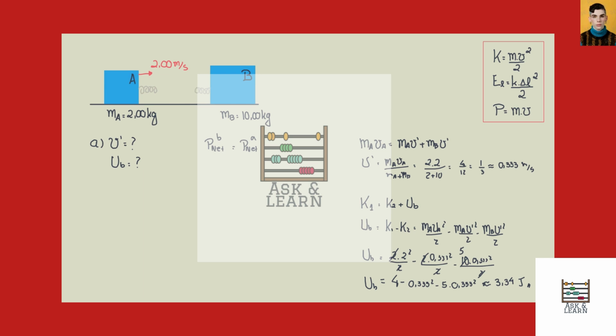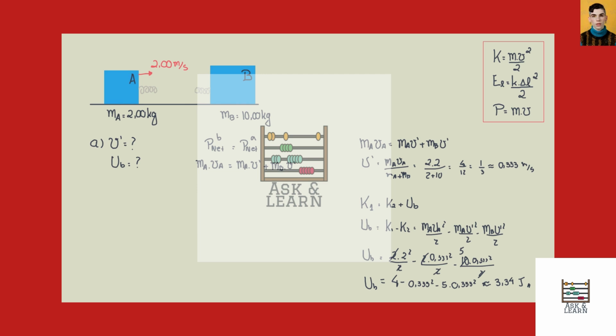By before, I mean the beginning of the situation, where only block A is moving to the right. Therefore, all the momentum is due to block A, which has a momentum given by mA times vA. Then, when that spring is compressed to the maximum, both blocks are moving in the same direction with the same velocity. Therefore, P net after is given by the mass of block A times v prime plus the mass of block B times v prime.